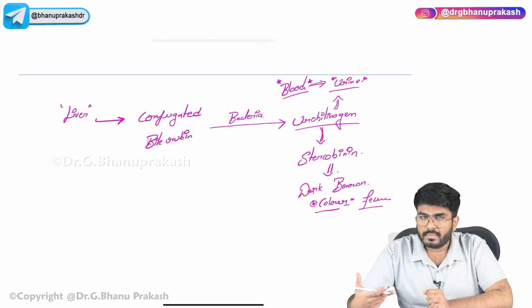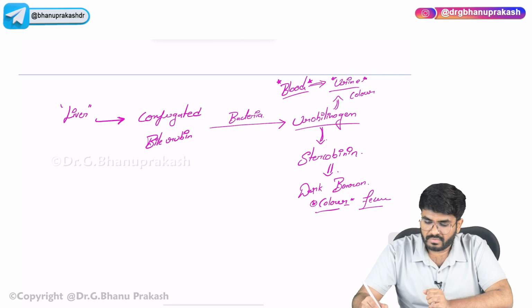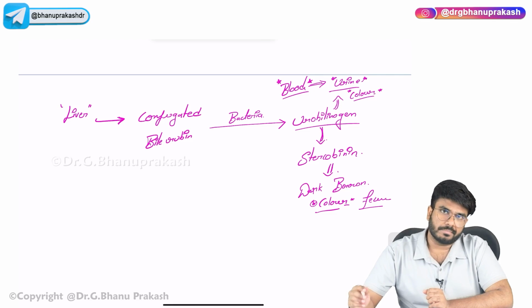This urobilinogen is the one which gives the color to the urine. So because of this urobilinogen, there is color to the urine.